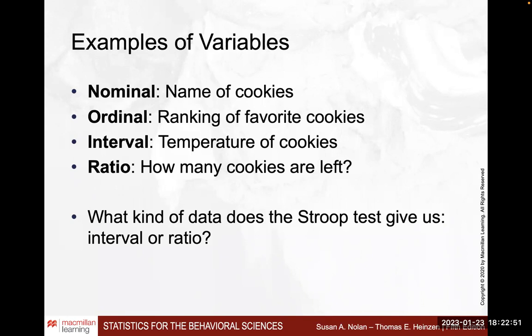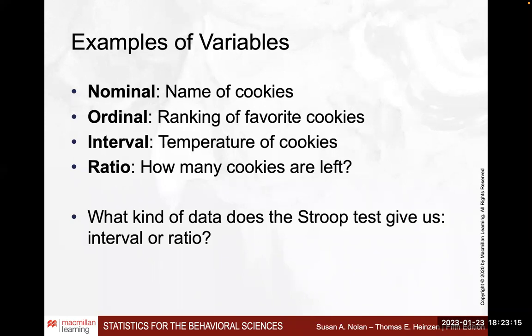The nominal variable would be the name of the cookie, whether it's chocolate chip, oatmeal raisin, whatever cookie you want. Then you have an ordinal variable, that's the ranking of your favorite cookie. How do you like those cookies on a scale from 1 to 10? That's your ordinal variable.